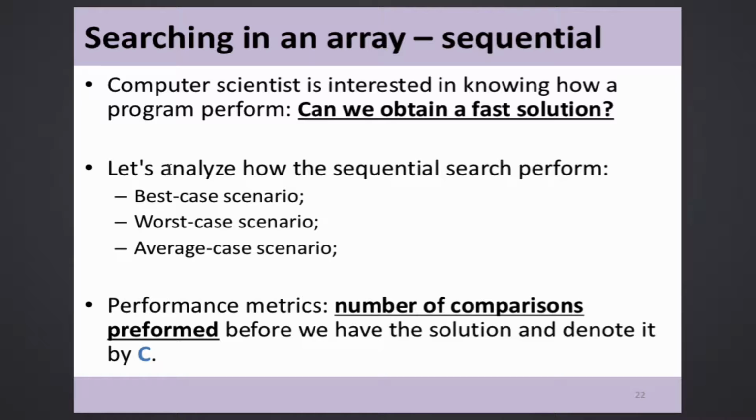Whether we are talking about the best case. What is the best case? Array index 0 is the target. So you just need one comparison. What is the worst case? The last one. Not the last one, actually.